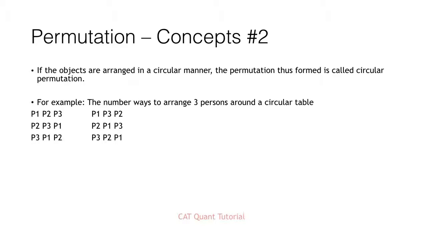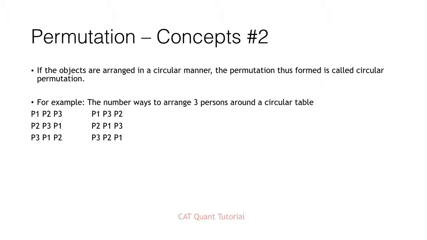P1, P2, P3 doesn't differ from P2, P3, P1 if I'm using a circular table. It's like arranging the same thing again. Similarly, P3, P1, P2 is also a redundant or duplicate value of P1, P2, P3 on the top.